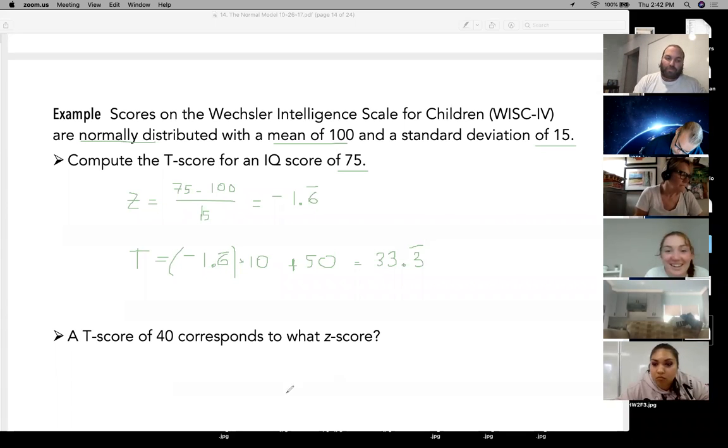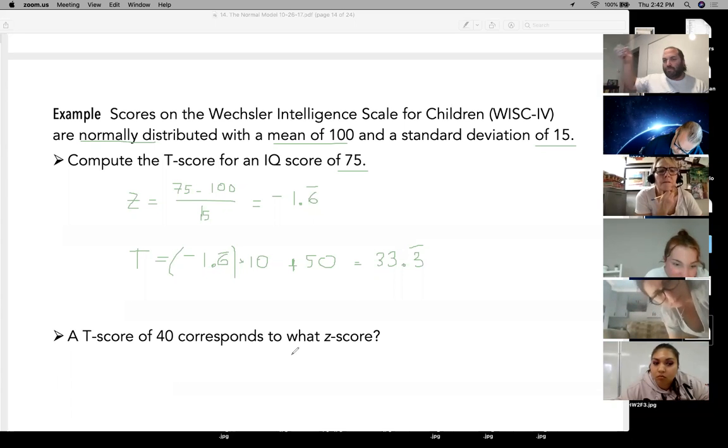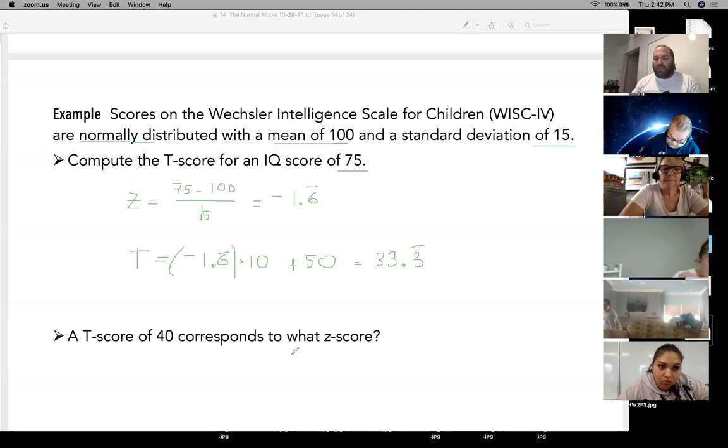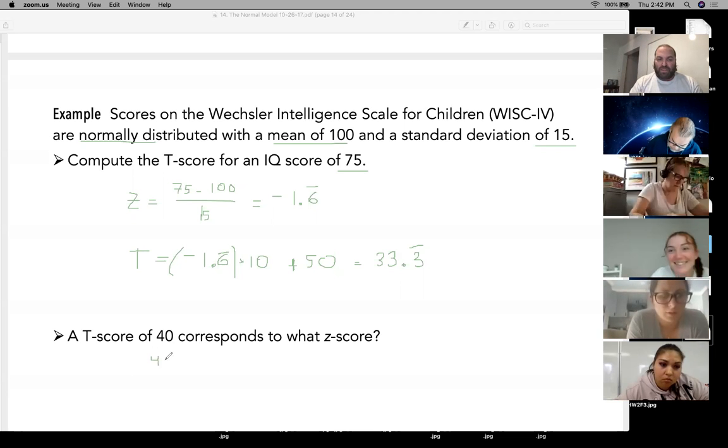Now, question. If your t-score is 40, what's your z-score? Start with your formula. What's the formula for t-score? T equals 10z plus 50, right?